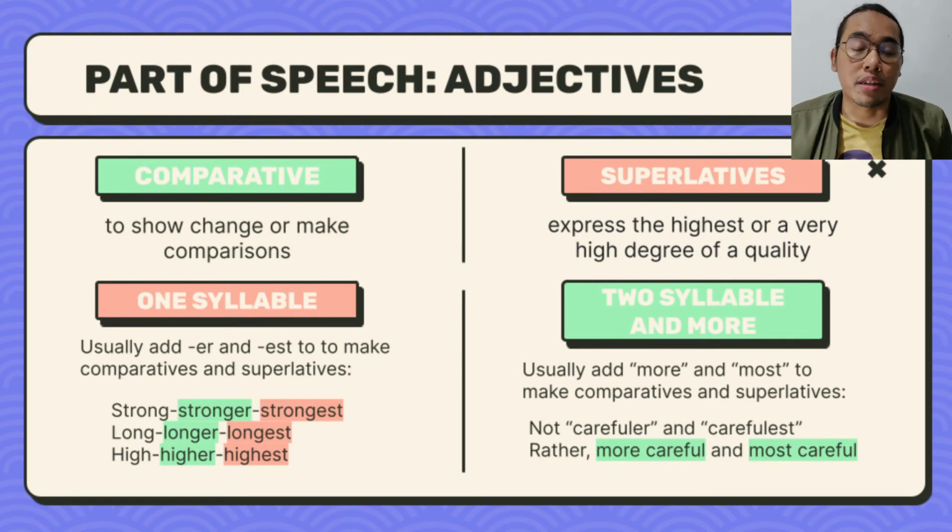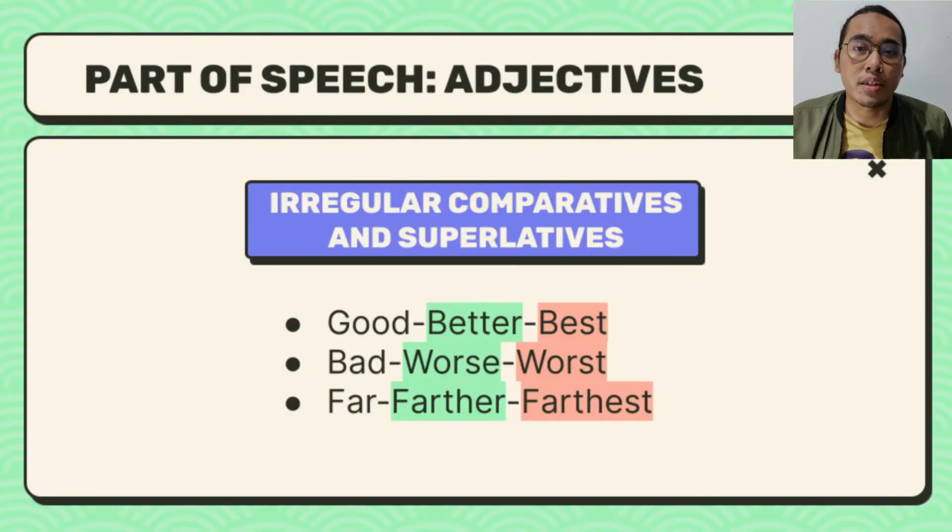There are also irregular comparatives and superlatives in which the words are good, bad, and far. The word good, for example, becomes better for the comparative and best for the superlative. The other two adjectives, bad, worse, worst, and far, farther, farthest, indicate the irregular comparatives and superlatives as well.